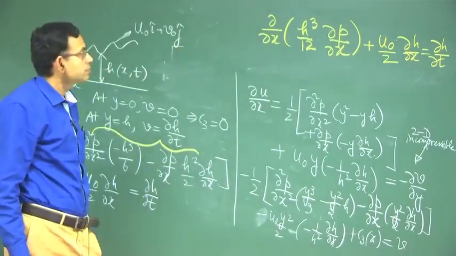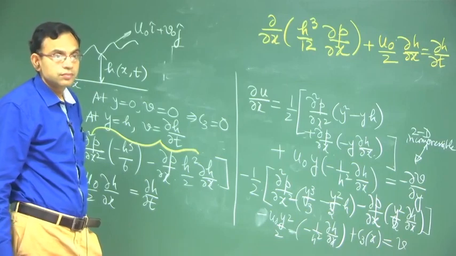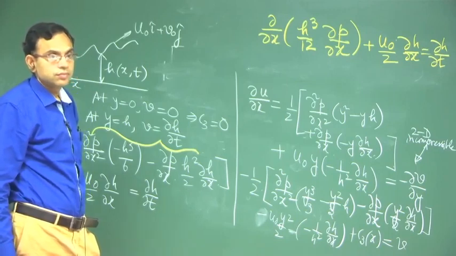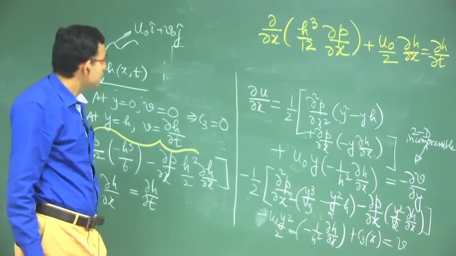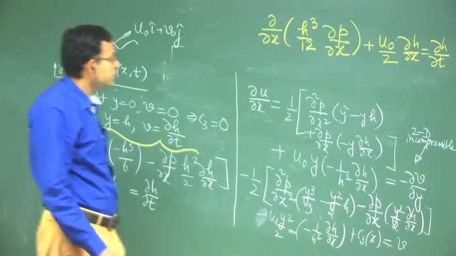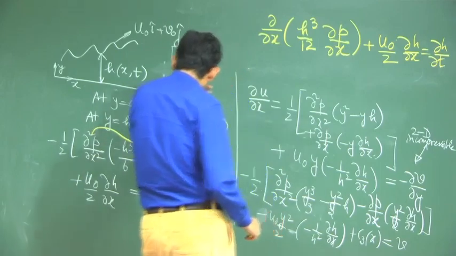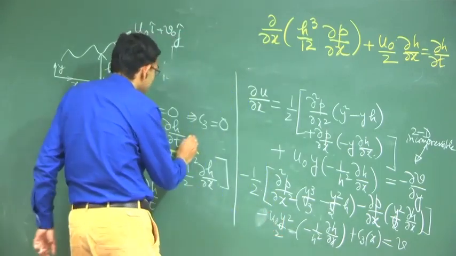Okay. Sir, is ∂h/∂t numerically equal to V0? Yes, this is V0, this is V at y equal to h, this is equal to V0.